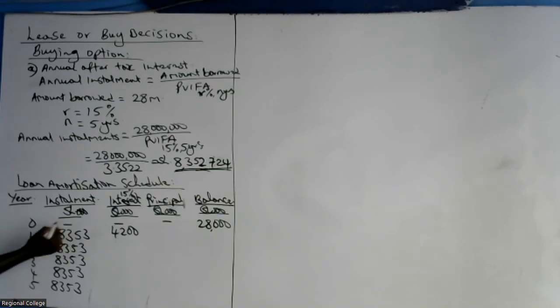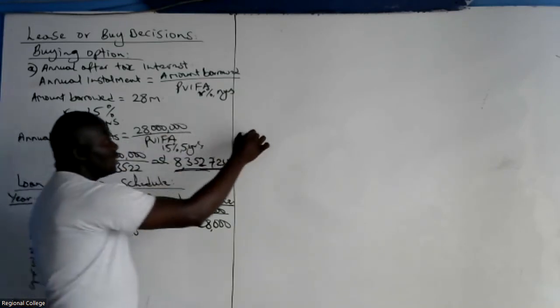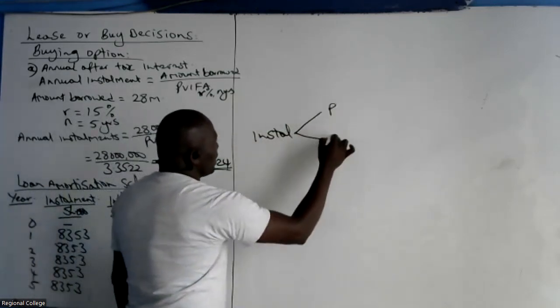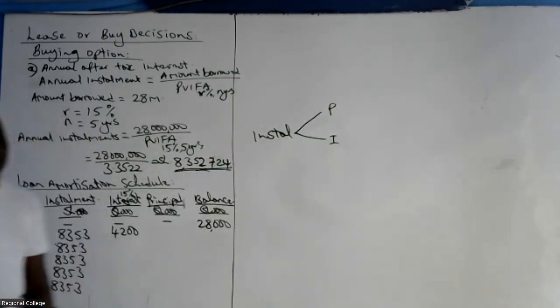Once you pay the installment on a loan, it always covers 2 components. It covers the principal and it covers the interest. So this installment of 83.53 contains interest of 4,200.